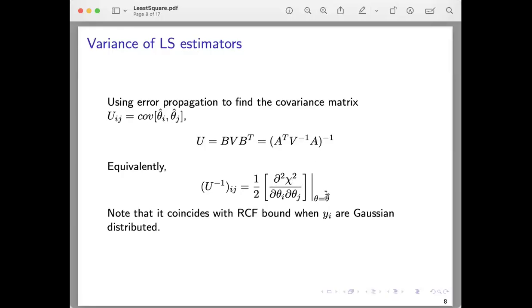Now you can see that this coincides with what we got from the ML estimator using the RCF bound. When yi are Gaussian distributed, this coincides with the same expression as we get from the RCF bound.